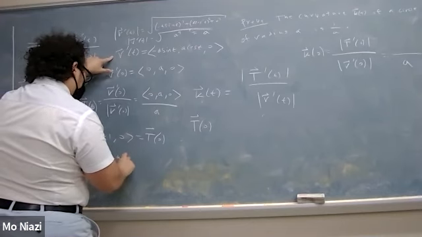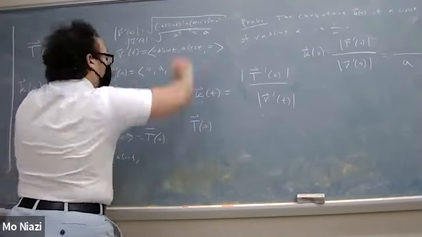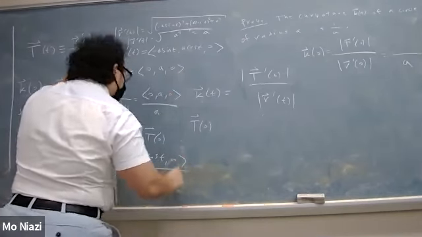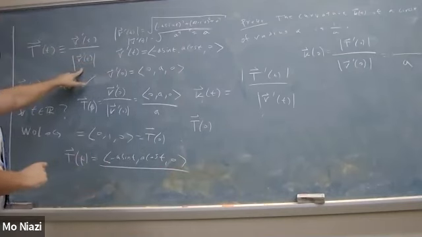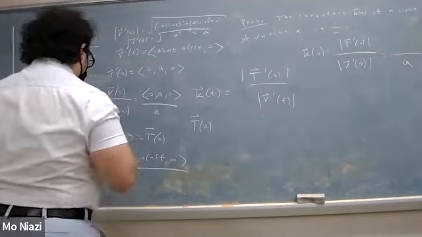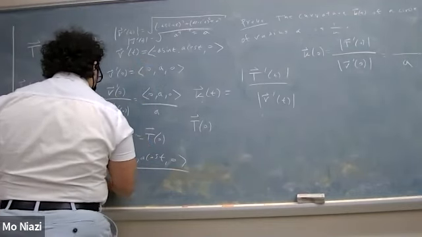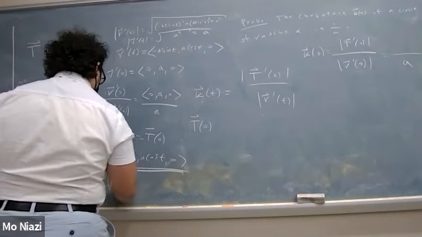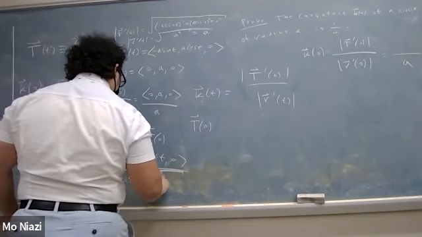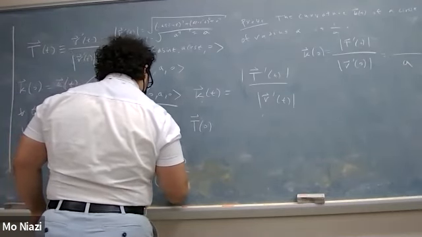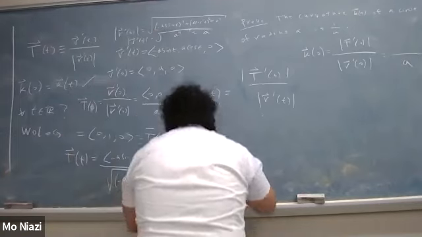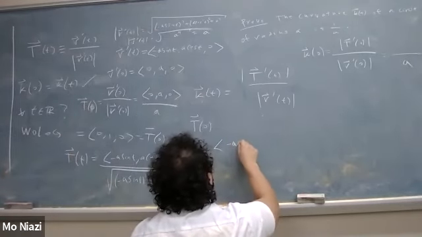Negative a sine t, a cosine t, 0, divided by the norm, or the magnitude, of this guy. So the square root of negative a sine t quantity squared plus a cosine t quantity squared plus your 0. Notice that this breaks down, this is much easier.